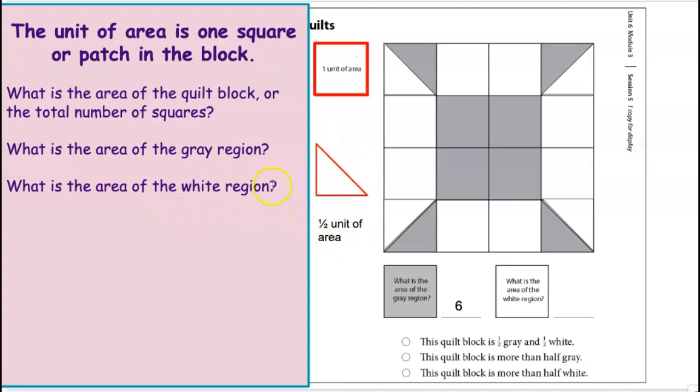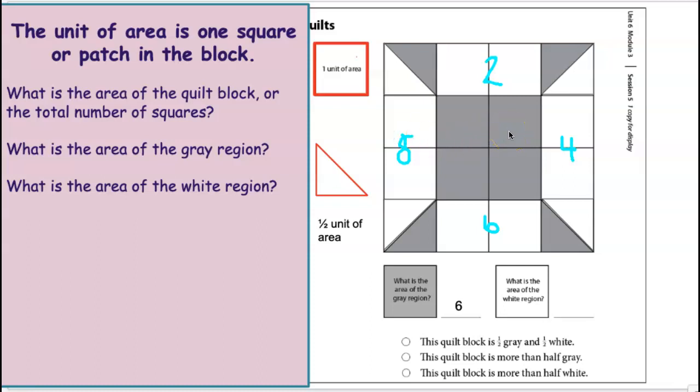So now when I count up my white region, it'll be a little easier for me. So I'm going to count up all my white squares, and I'm going to count by 2s. So I see 2 right here, so I'm just going to say I have 2. I see 2 more here, 4, 2 more down on the bottom, 6, and 2 more over here. I have 8. So I have 8 whole units so far.